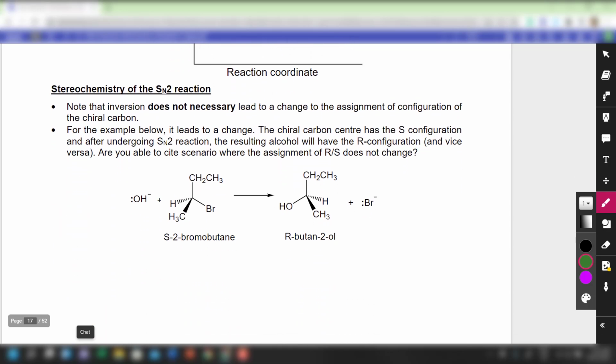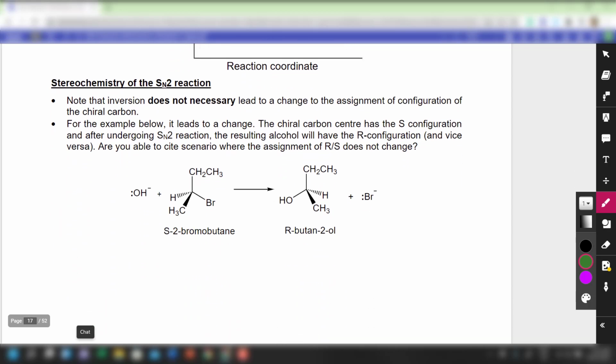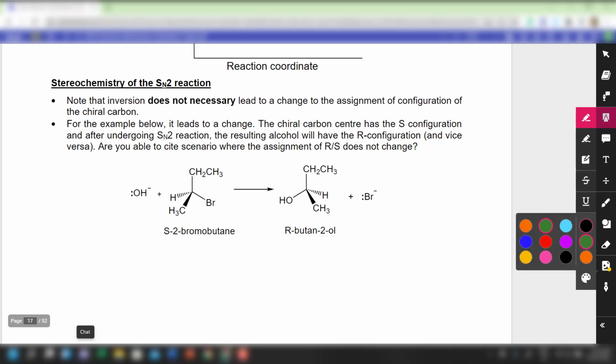Okay. This is probably something which we didn't get to discuss in H2, because in H2 we do not talk about RS configuration. So what we want to emphasize here is that inversion of stereochemistry does not necessarily lead to assignment of the configuration of the carbon.